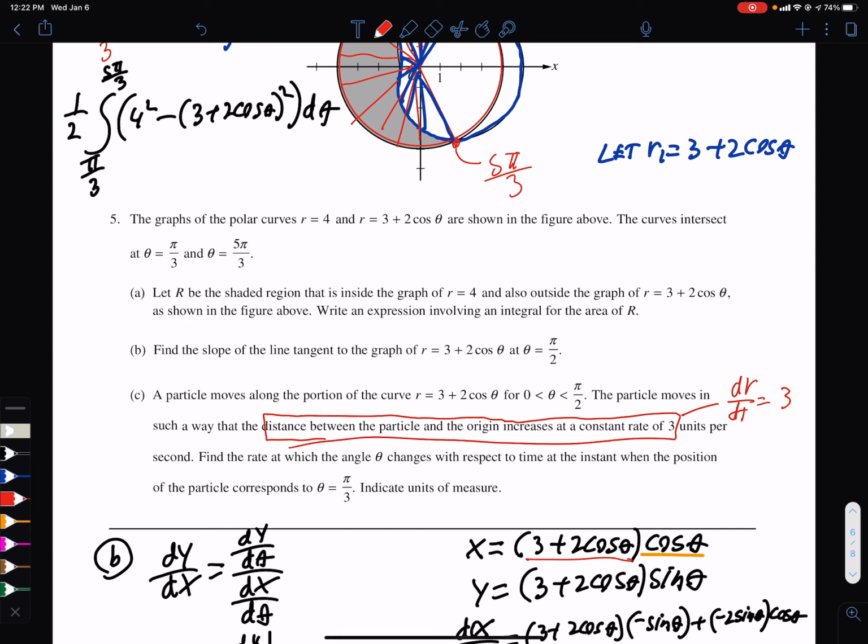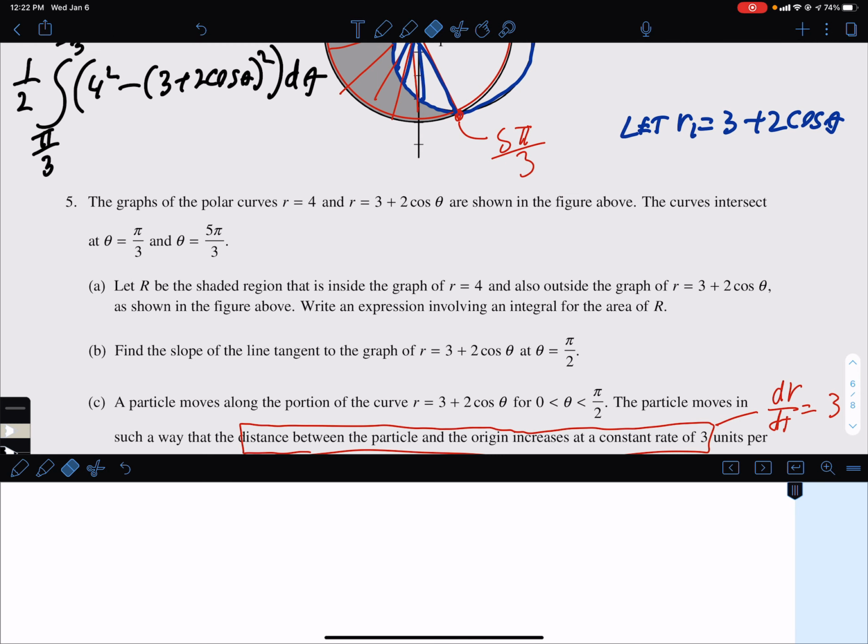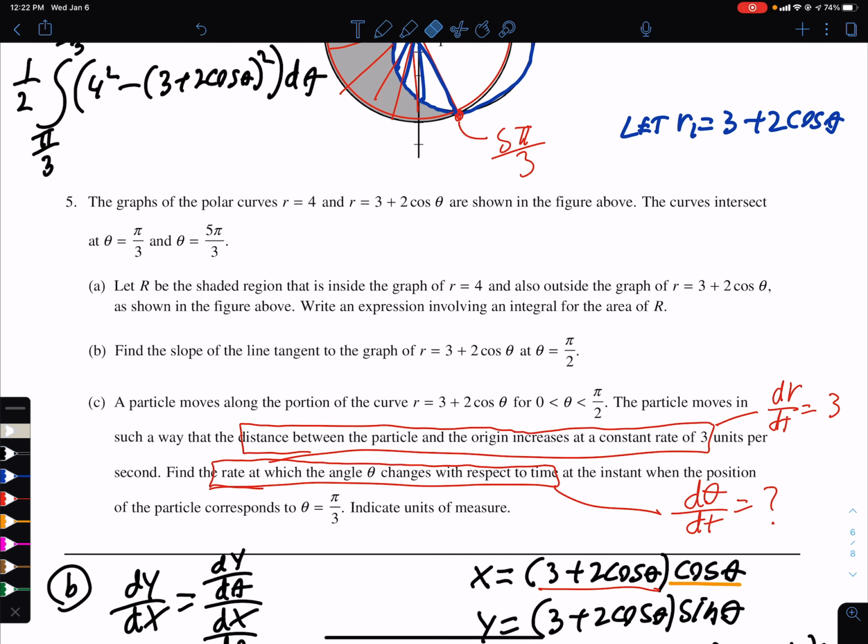And it's increasing, so it's going to be a positive 3. And then find the rate at which theta changes with respect to time. So that's saying find d theta dt when theta is pi over 3.